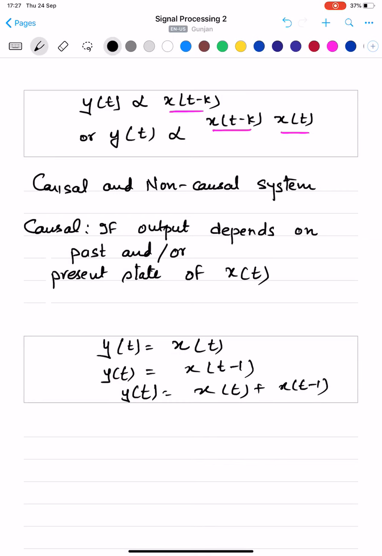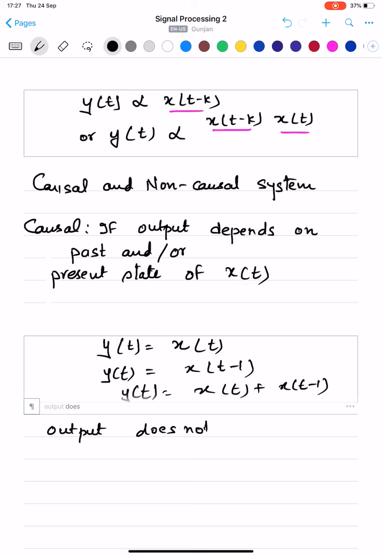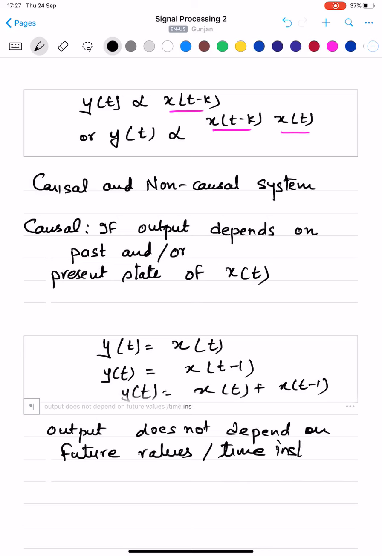So the main thing you need to remember is the output does not depend upon future values, or you can say time instants. Then it is a causal system.